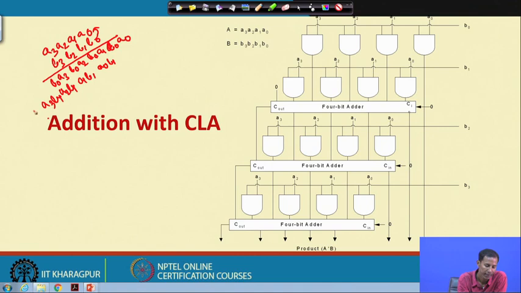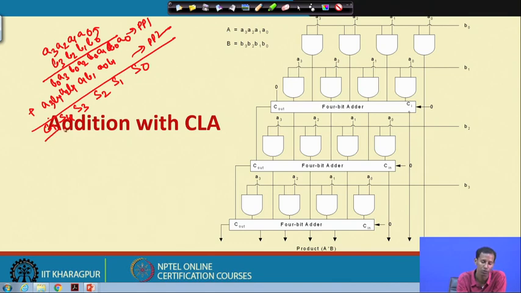This is partial product 1, this is partial product 2, and these will be added. After addition I will get sum 4, sum 3, sum 2, sum 1, sum 0, and therefore there will be carry 1 also.